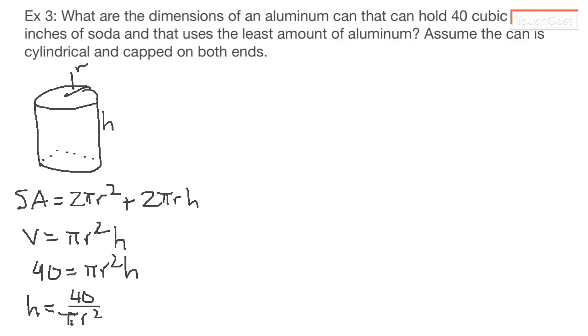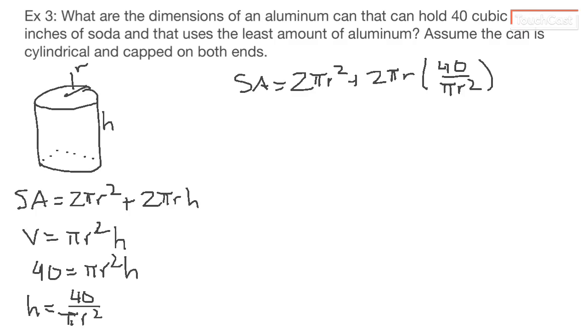So now I can rewrite my surface area equation. It's going to be 2 pi r squared plus 2 pi r, and instead of h we can write 40 over pi r squared.